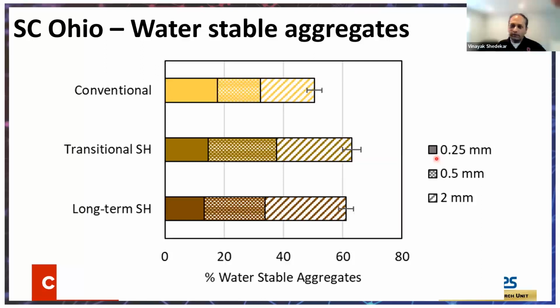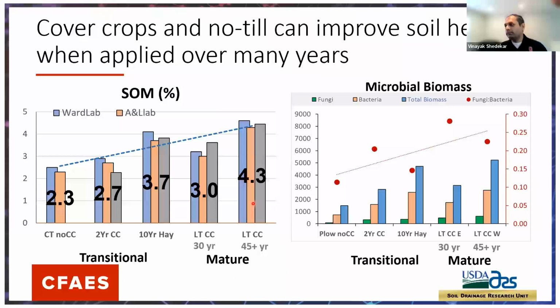In a stable or more mature system, you want to see more of this fraction, which you do see in general for those sites. You see a greater aggregation among those long-term sites. So that's a good reassurance that the aggregation is definitely working. Again, it has a lot to do with the organic matter.